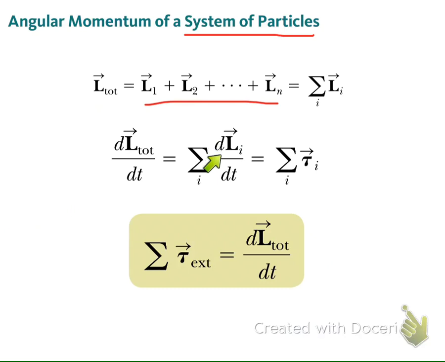But the rate of change, or the time derivative, of the angular momentum of each particle is equal to the torque acting on that particle. So the summation of the rate of change of the angular momentum is equal to the summation of the torque, and we can say that this is the torque on the system, the total torque.